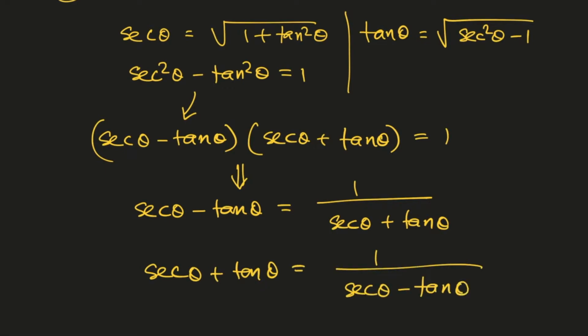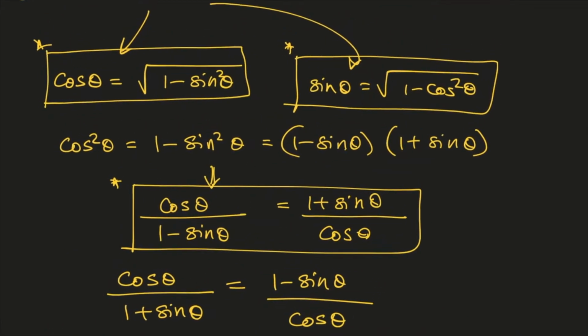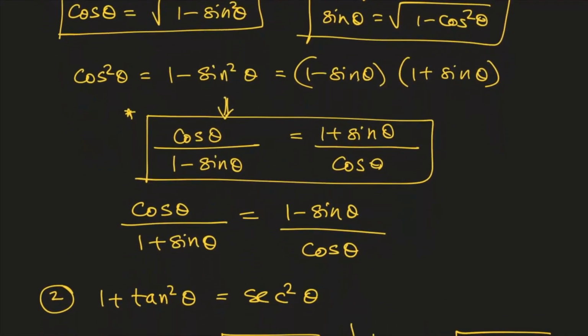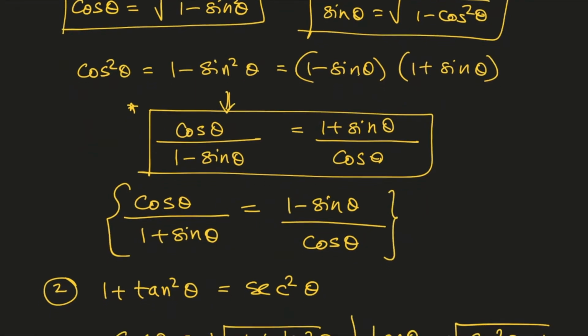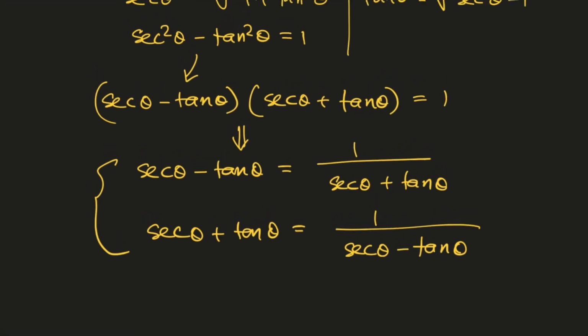So what you need to realize is that sec theta minus tan theta and sec theta plus tan theta are reciprocals of each other, just like these two quantities here. Similarly, sec theta plus tan theta is the same as 1 divided by sec theta minus tan theta. Another way to interpret this is that sec theta plus tan theta and sec theta minus tan theta are reciprocals of each other, right?